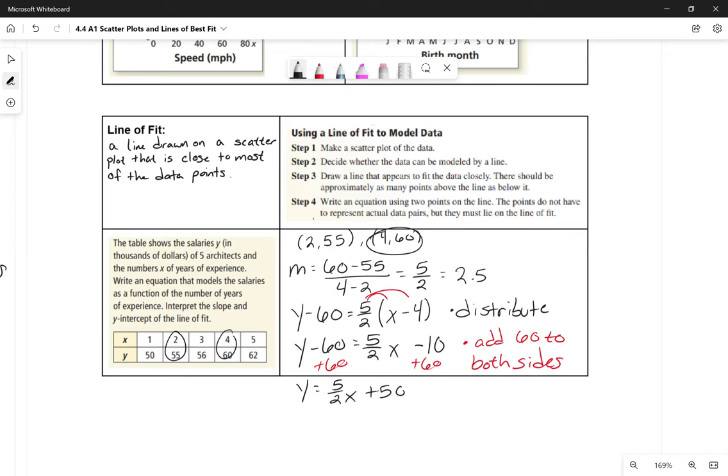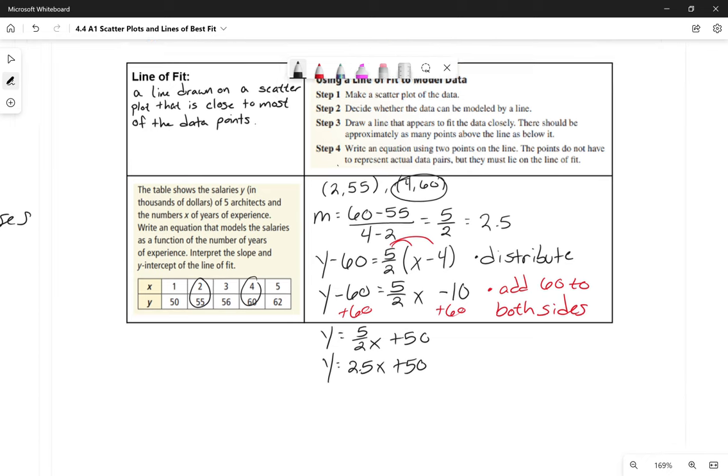And for interpretation's sake, I'm going to convert my improper fraction back to that decimal so I can interpret this equation more thoroughly.